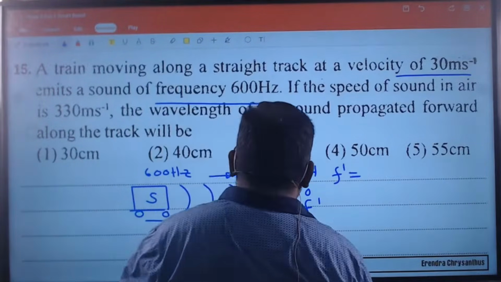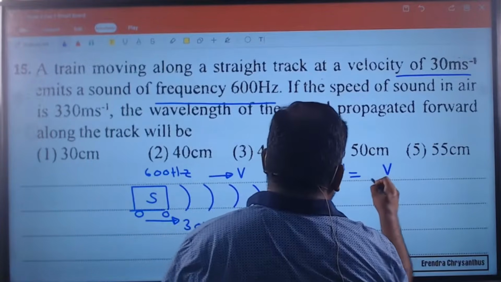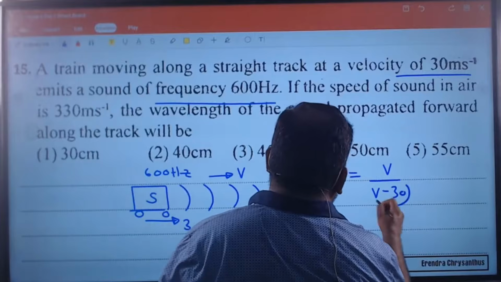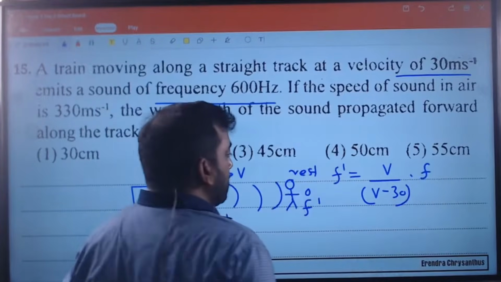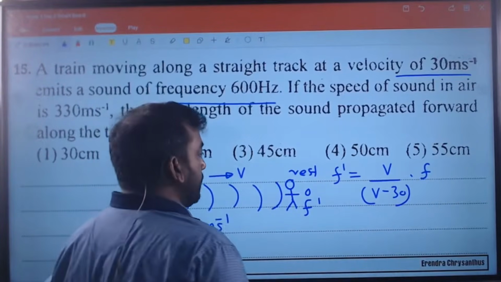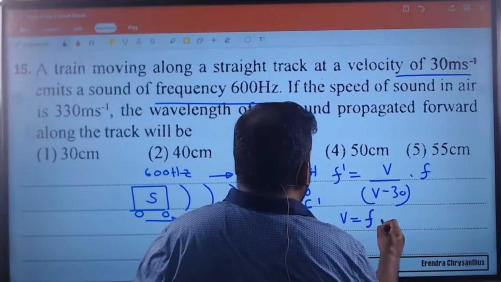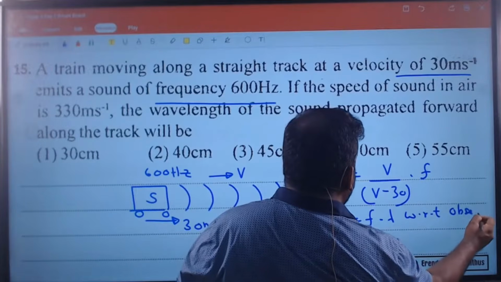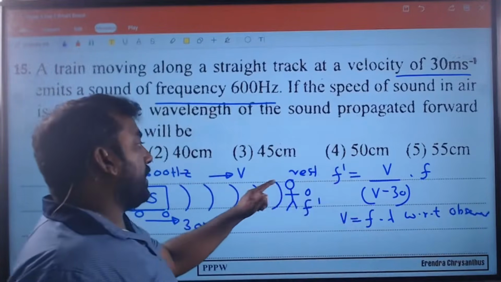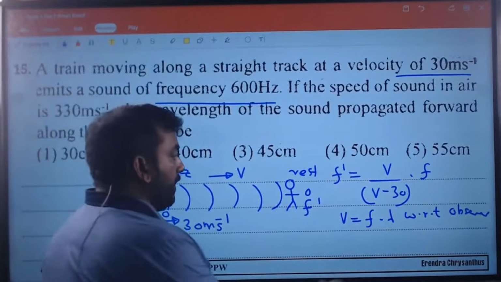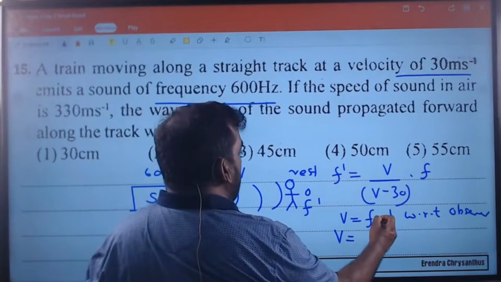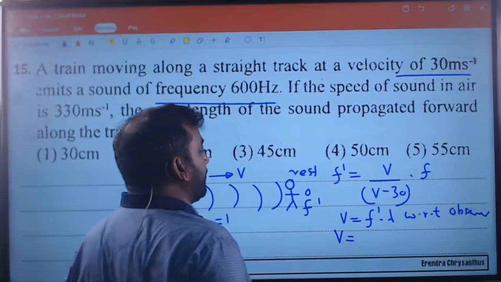F dash is velocity of sound with respect to observer v, divided by velocity of sound with respect to source v minus 30, into actual frequency. Don't substitute. Now I apply v equal f lambda with respect to observer, because sound is heard by observer. Frequency of sound heard by the observer is f dash.